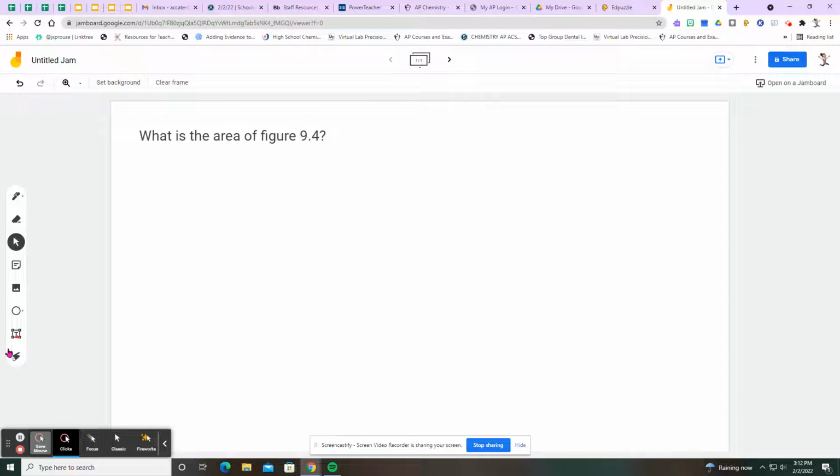All right, so in figure 9.4, like I said, we have boxes. Let's see if I can. Oh, I can do shapes. So there's one square, and then let's see if I can repeat this. There we go.